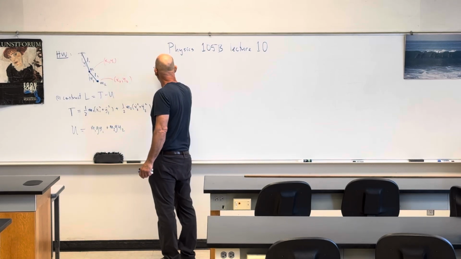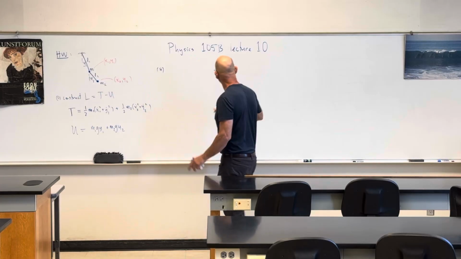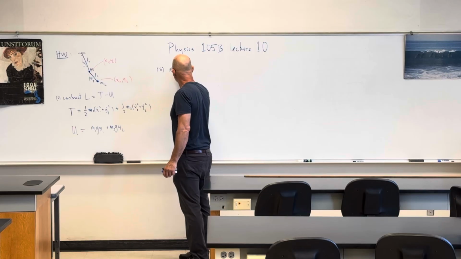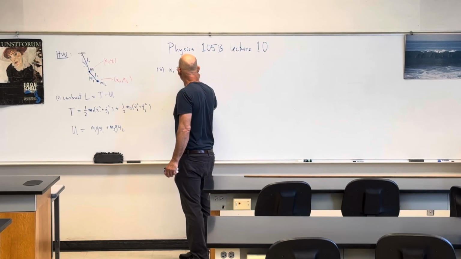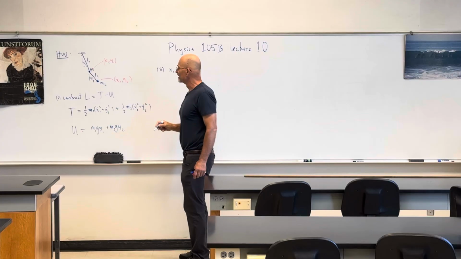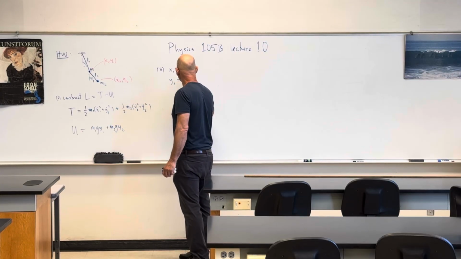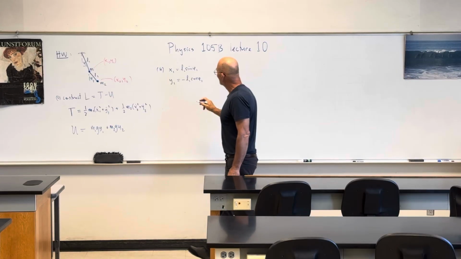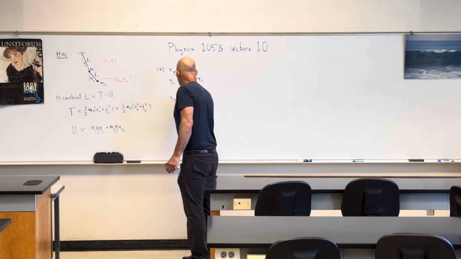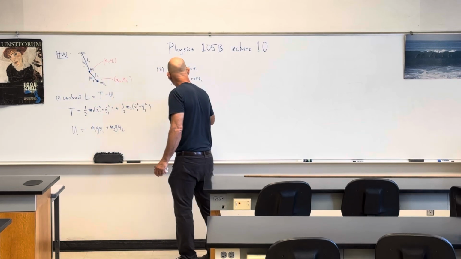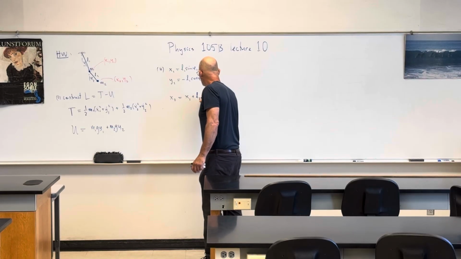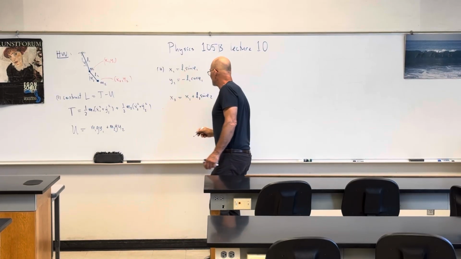So the second step, actually this is going to fill the board, that's where it goes. The second step is that we have to say, okay, x1 is equal to L1 sine phi1. y1 is equal to minus L1 cos phi1. That'll do the trick. x2 is equal to x1 plus L2 sine of phi2.